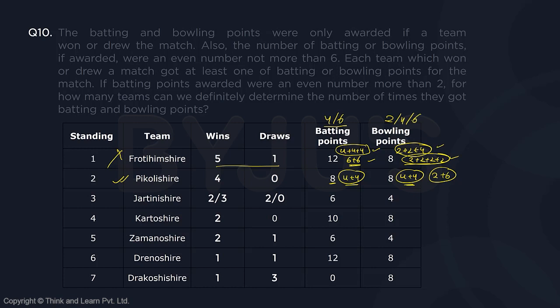Now here, 6 points. Definitely has to be 6 only, because I cannot take 4. So 1 match is awarded this. Alright. Case 1, we have 4 matches. But this can at max be 2 plus 2, right?